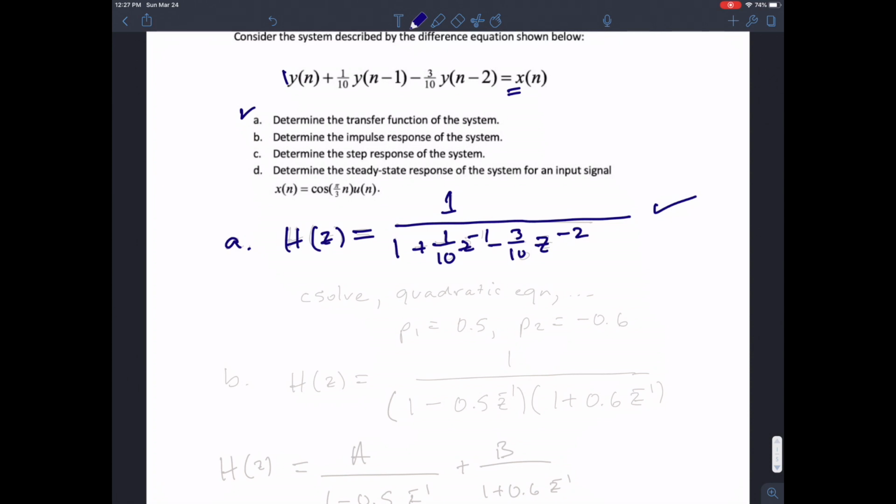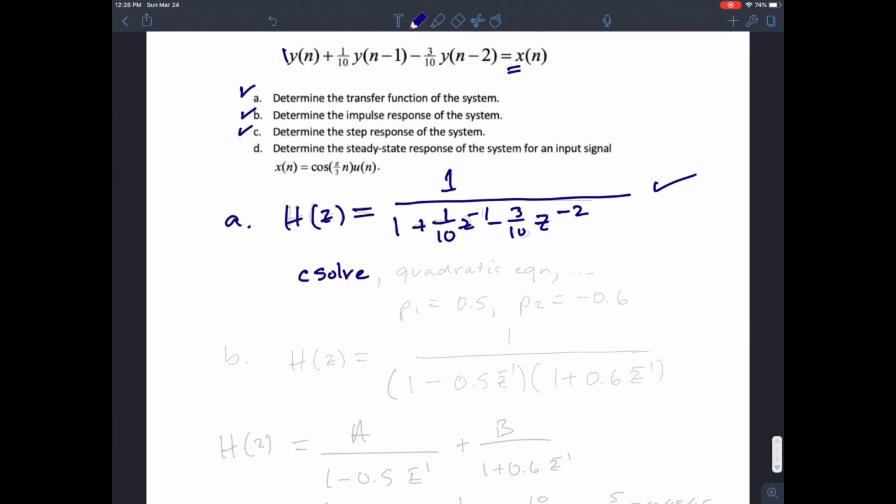Okay, so your next step is to quickly come up with the roots. And the reason you're going to need the roots is for the next part. If you're going to find the impulse response and the step response, you're going to need the poles of the system. So you can find these roots in any way that you want.